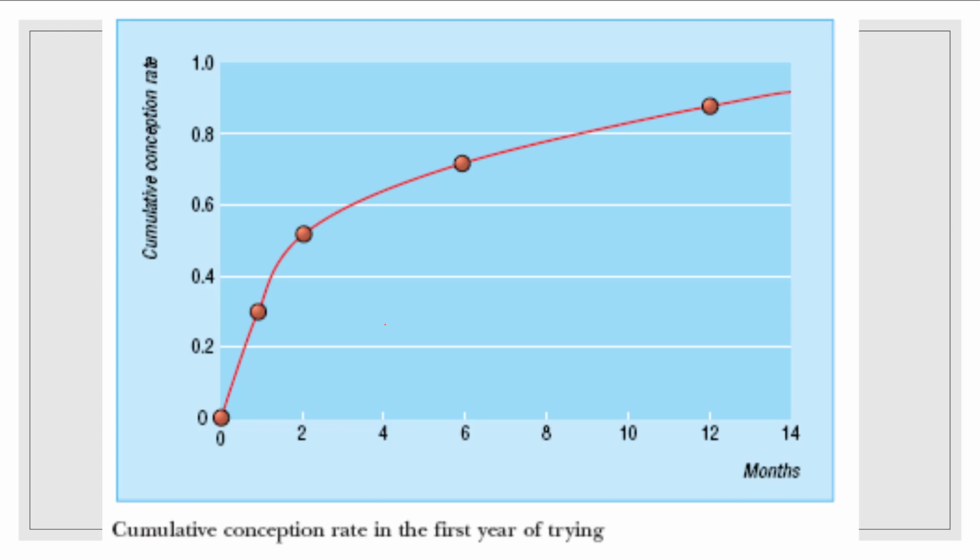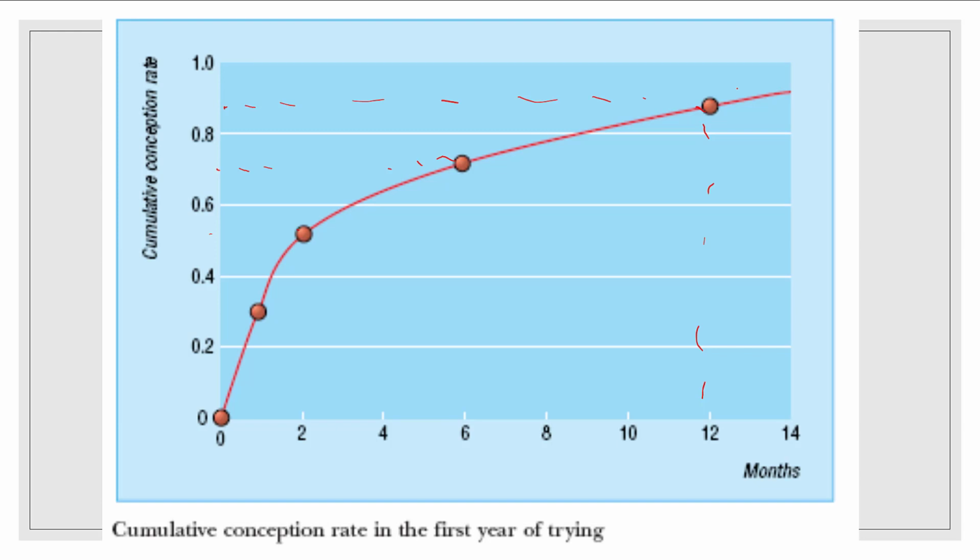Say if you take 100 couples, by around the 3rd month, 50% will conceive. By 6 months, about 70%. By 1 year, about 90% will conceive. This is the general dynamics of a couple.